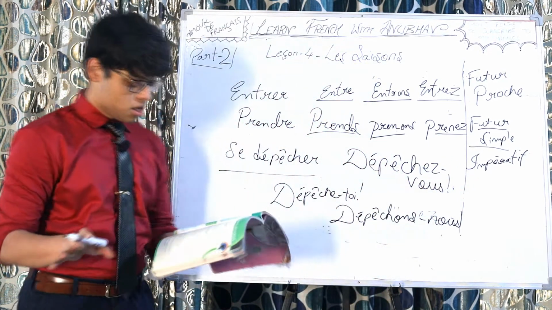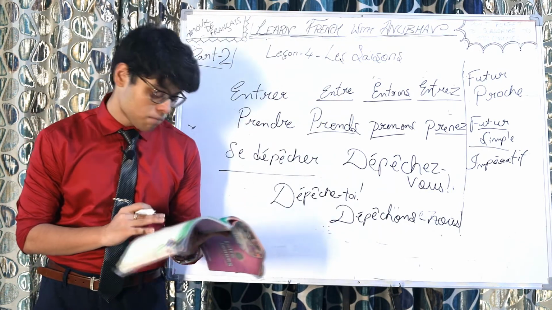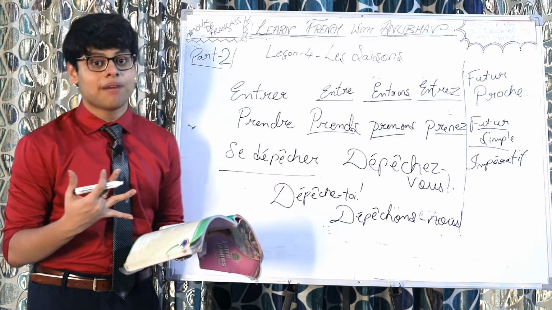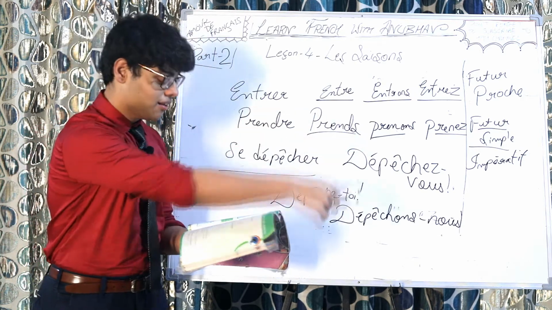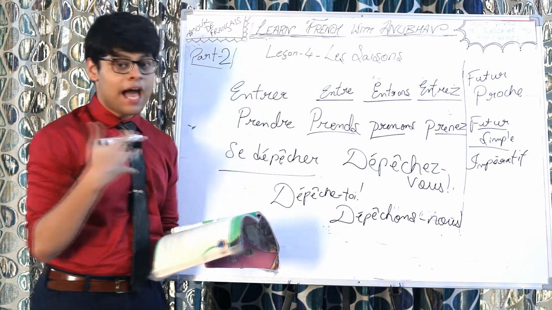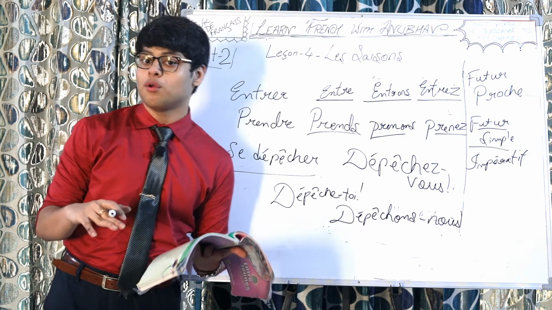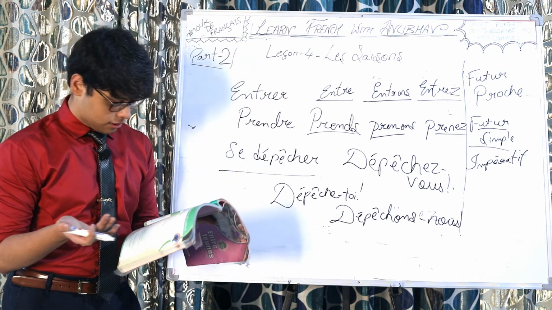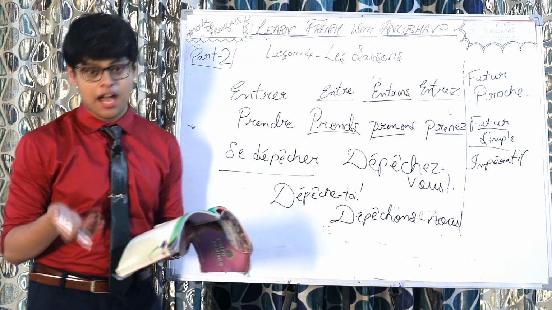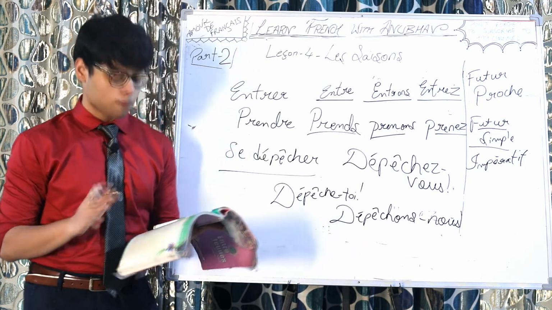Done. Now we have attention aux exceptions. We have 5 exceptions of imperative, which we have already discussed in my imperative video. First is avoir, to have. It is aie for tu, ayons for nous, and ayez for vous.